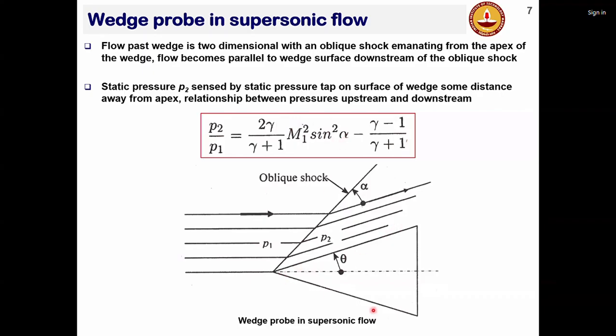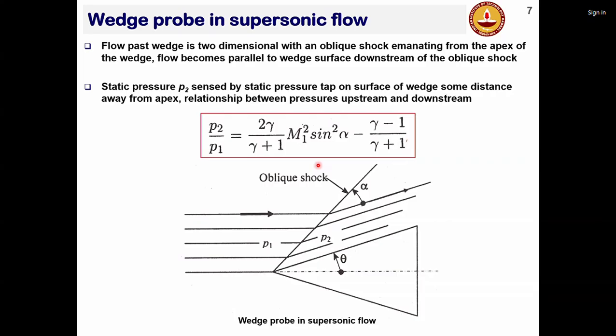People have done experiments for different phase angles, and alpha is a function of Mach number for a given phase angle. These are available in the literature. So if you can just measure the pressure and you know the Cp by Cv ratio, you should be able to predict the Mach number and consequently the flow velocity.